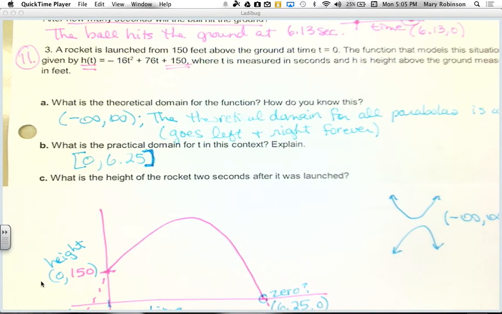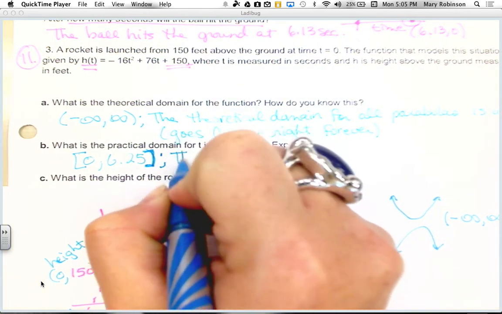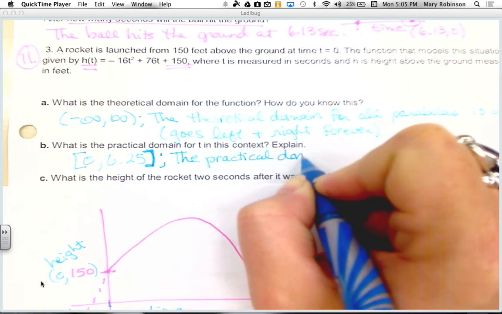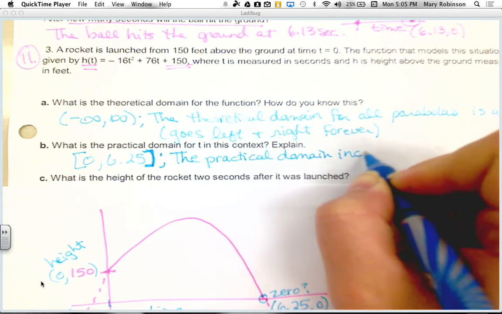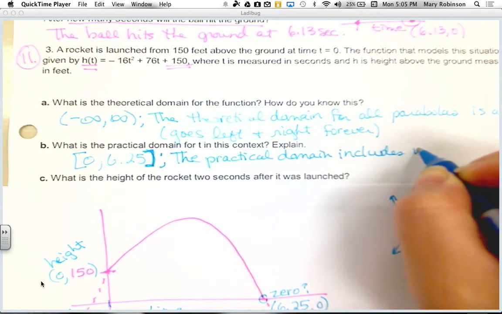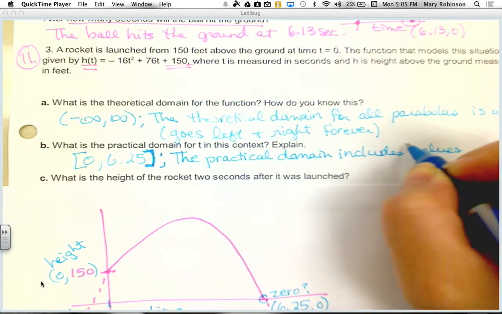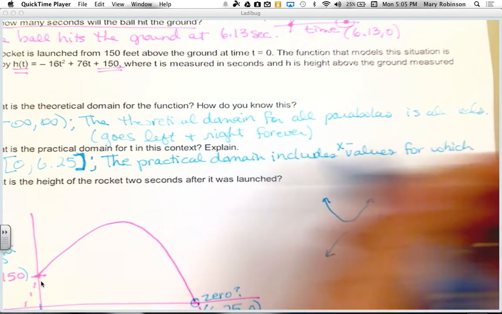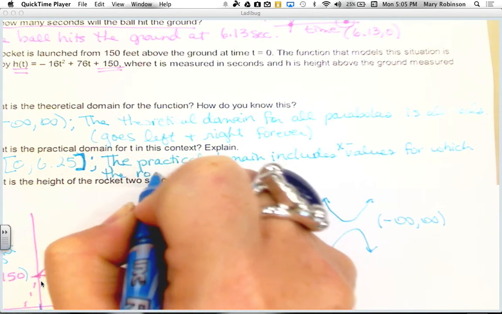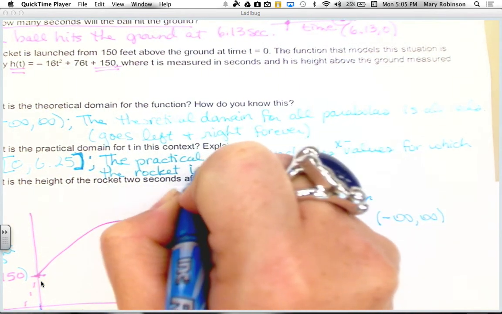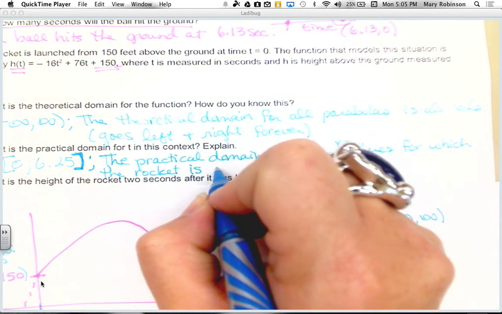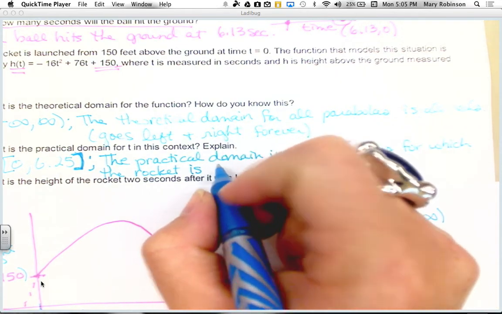So then I ask you to explain what that basically says. So that means I would probably say the practical domain includes x values for which the rocket is, let's say, it's resting at 0.